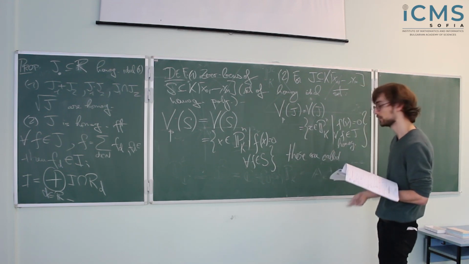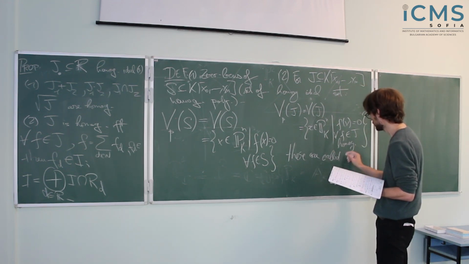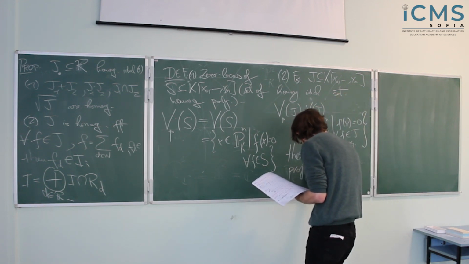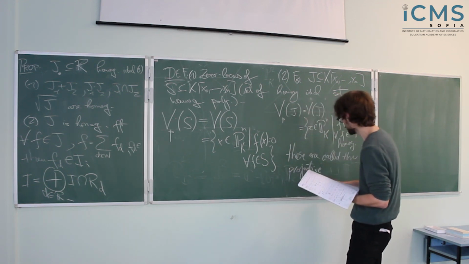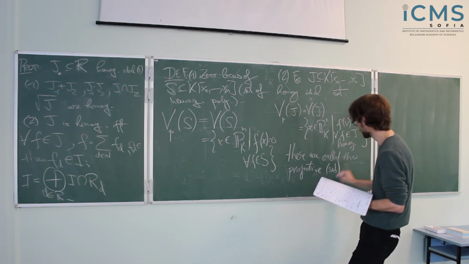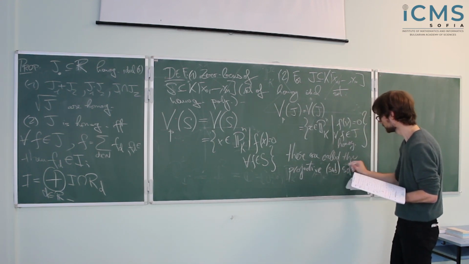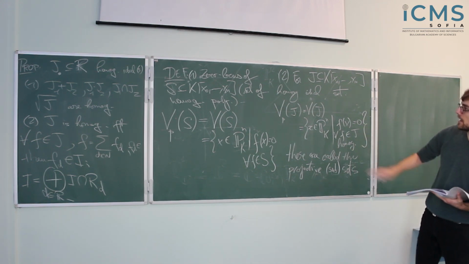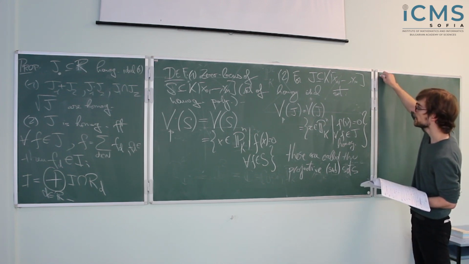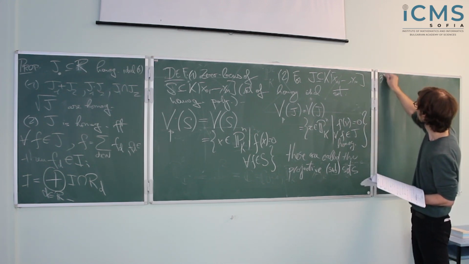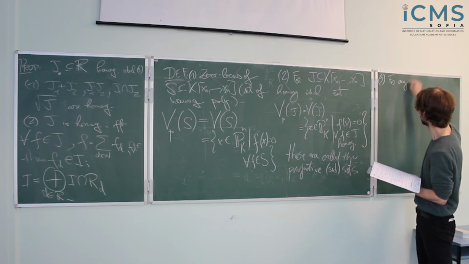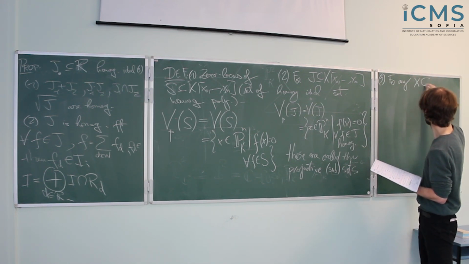Like what we had with affine sets, these are called projective sets. Sometimes I'll draw the subscript like that. Okay, so these are the elements in the projective space. Then we can go back to an ideal.